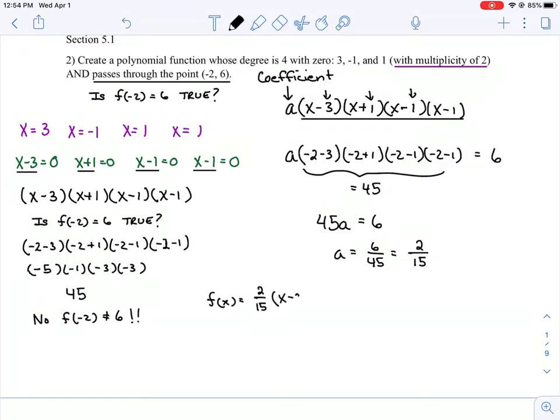So the polynomial, which I'll label f of x, is 2/15 times x minus 3 times x plus 1 times x minus 1 times x minus 1.